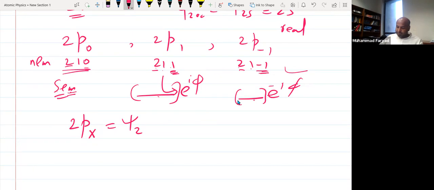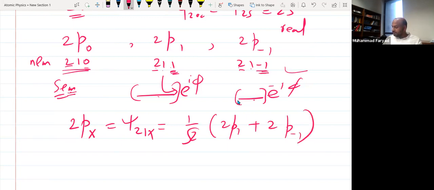Now we can construct what we call the 2px orbital, and this is just the linear combination of 2p1 and 2p minus 1. Because if I add both of these functions, what will happen? This has exponential i phi and this has exponential minus i phi. Everything else is common.